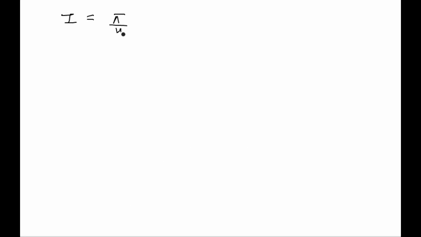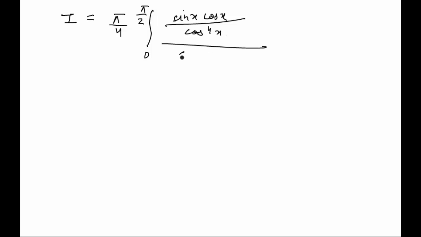We would get pi by 4, 0 to pi by 2, sin x cos x by cos 4x upon sin to the power 4 upon cos to the power 4 plus 1 dx.